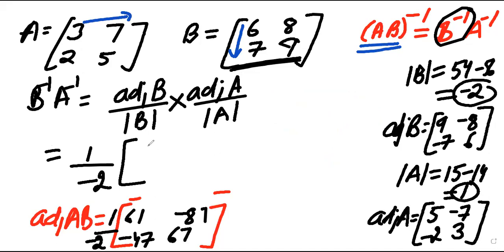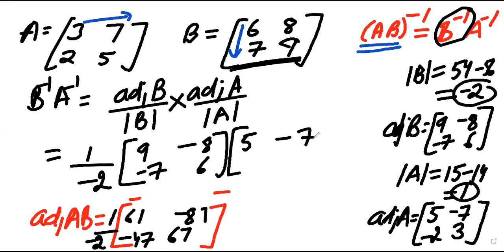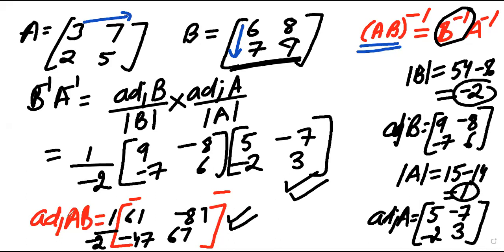Now multiply adjoint of B, that is 9 minus 8 minus 7 6, into 5 minus 7 minus 2 3. After multiplying it, you will get the answer that is same as adjoint of this, means A inverse of AB inverse. Got it, beta? So this is how we can solve the questions related to the inverse.